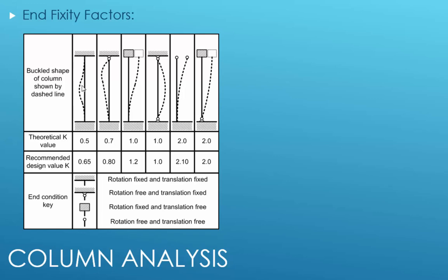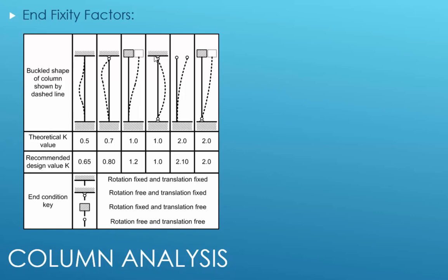So it's very rigid and allows for a lot less mobility, which means that our fixity factor is low, reducing our slenderness. Well, if you put a pin at the end here instead of fixing it in there, our K value becomes a little bit higher, increasing our slenderness and our instability.